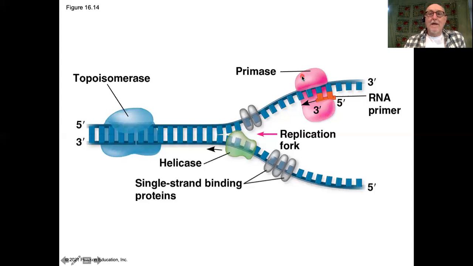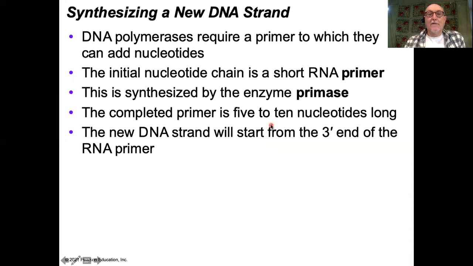It's called the primase because it's laying down a primer. The primase comes along and lays down a short length of RNA so that we have a hybrid molecule, DNA and RNA, for a little while. Once that primer is laid down, then DNA polymerase 3 can latch onto this, and it will carry on happily making DNA after that.